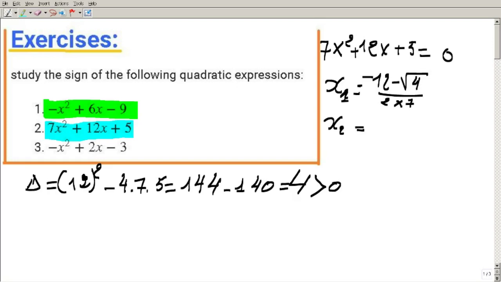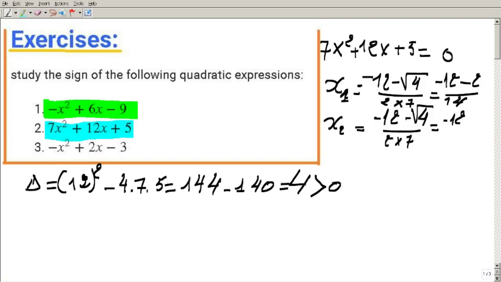And the expression of the second solution is minus 12 plus the square root of 4 over 2 times 7, which is equal to minus 12 minus 2 over 14.